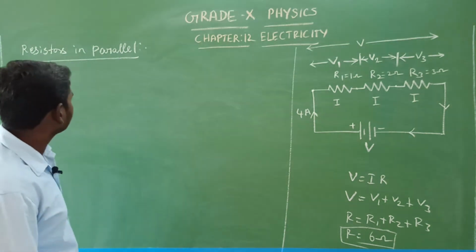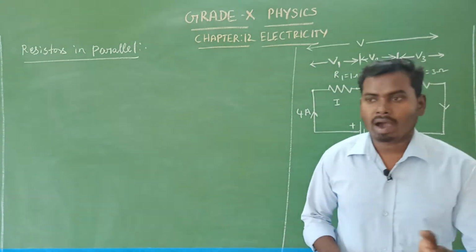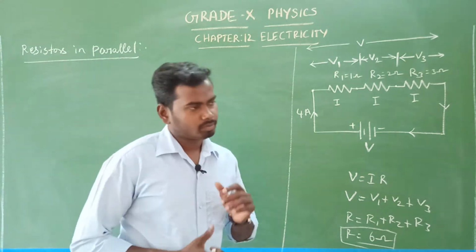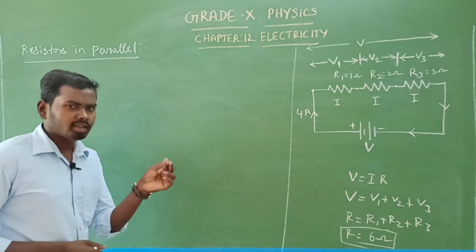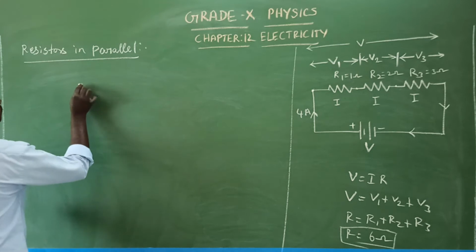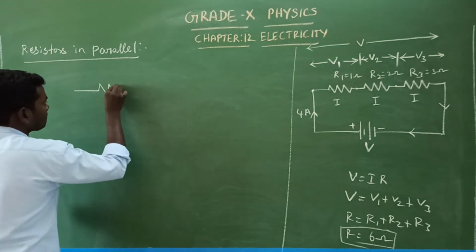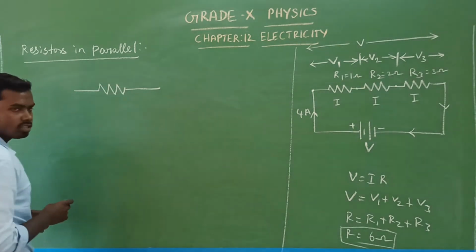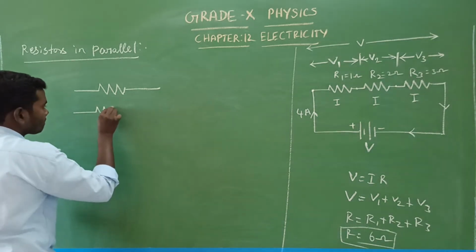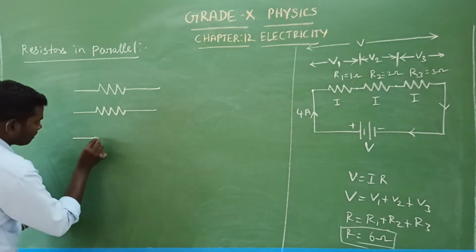Look here. Next we are going to start today's class, resistors in parallel. You just consider three resistors. This is resistor 1, this is resistor 2, and this is resistor 3.